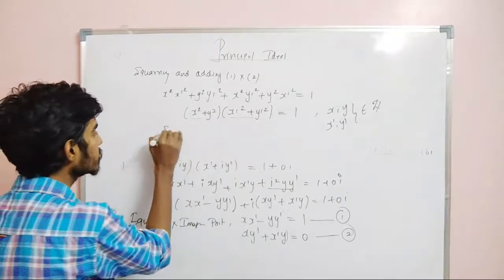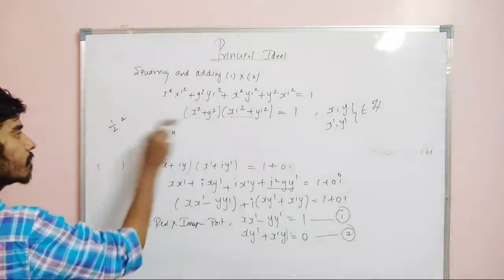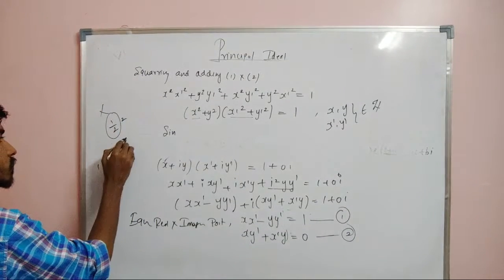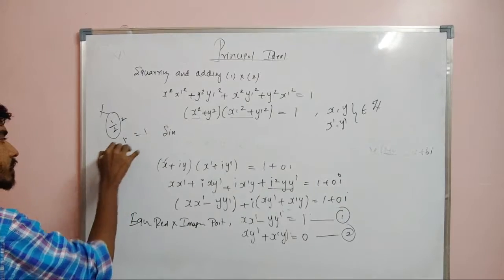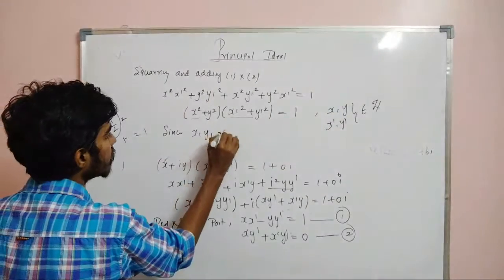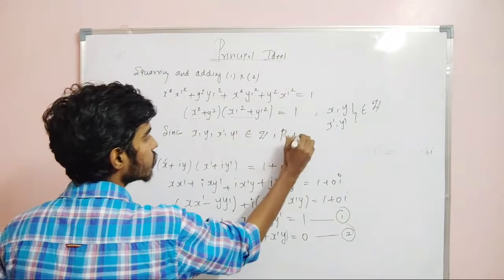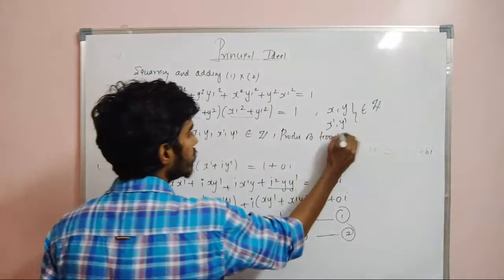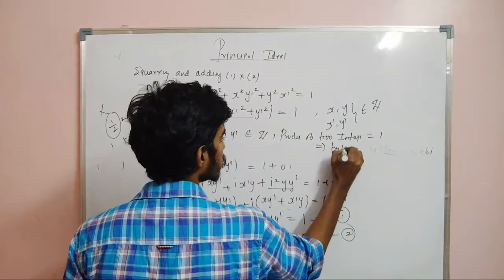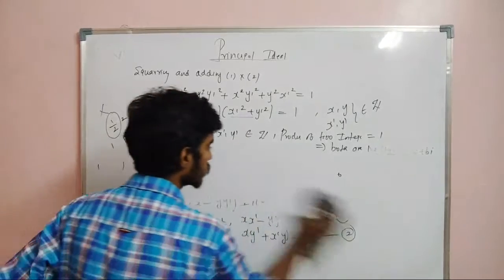You could argue that one could be 1 by 2 and the other 2, but this cannot happen because 1 by 2 does not belong to the integers. So since these are integers and the product of two integers is equal to 1, both are 1.